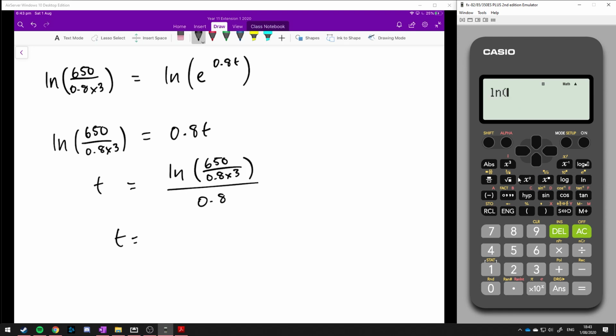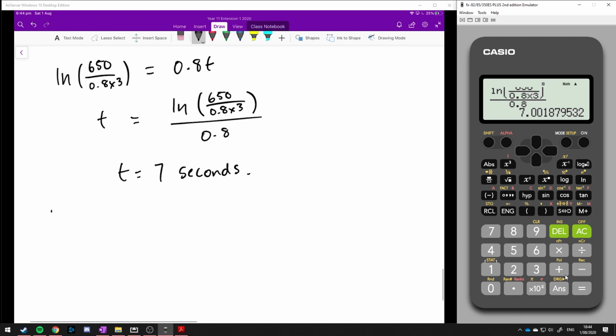Then we're going to put this into our calculator. So it's 650 over 0.8 times 3. This one's going to be a much bigger value because 650 is quite a bit. So this should give us the time in which it is increasing by that rate. Over 0.8, hit equals, and it's at 7 seconds.